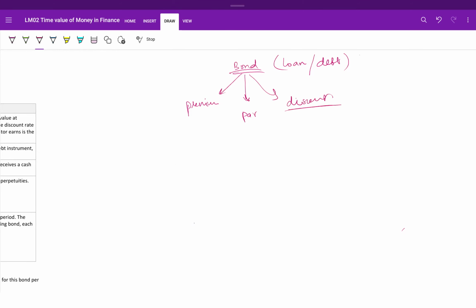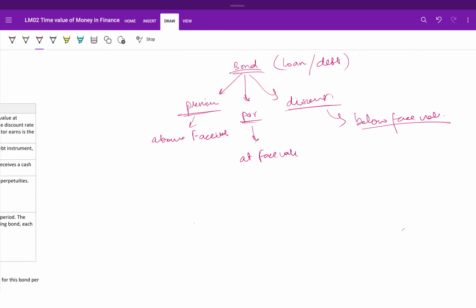What does premium, what does par, and what does discount mean? Premium means above face value, par means at face value, and discount means below face value.